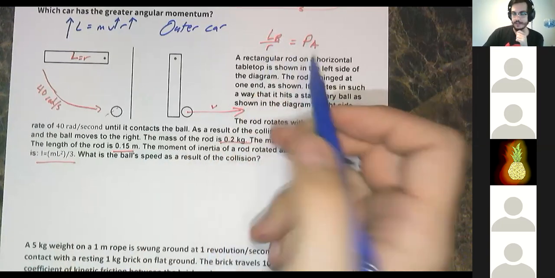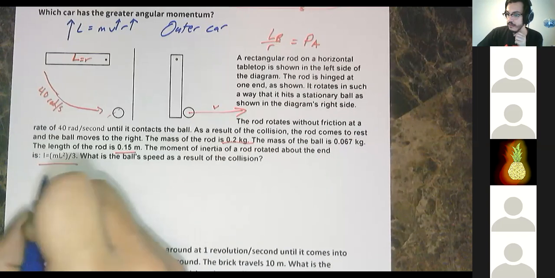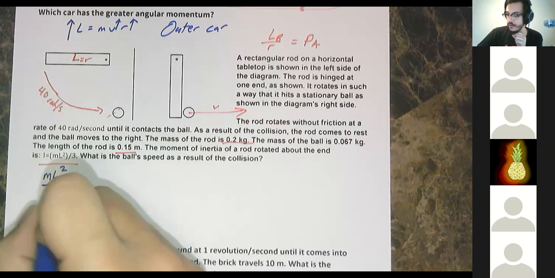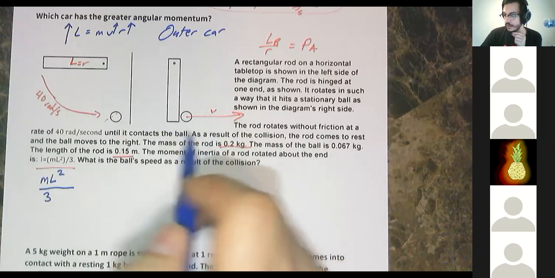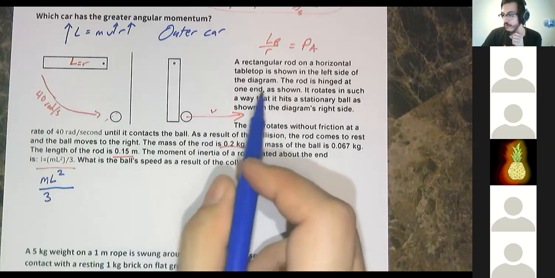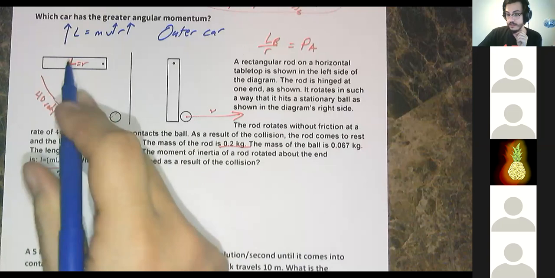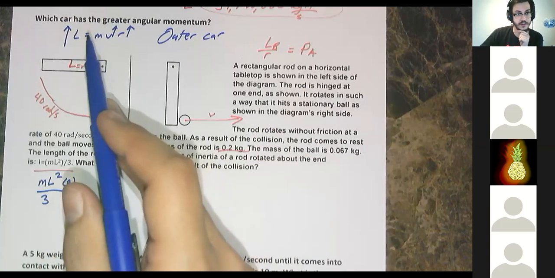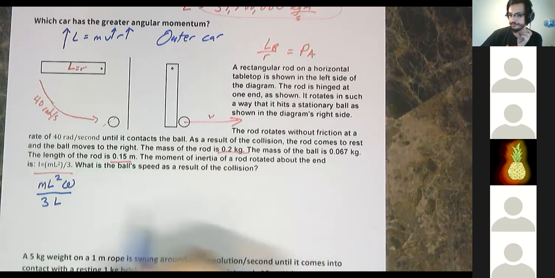So let's follow that. Momentum is going to be ml squared over 3, and that is times omega. And then on the bottom, because it's divided by 3, and also we're dividing by r, we're going to stick an L on the bottom.